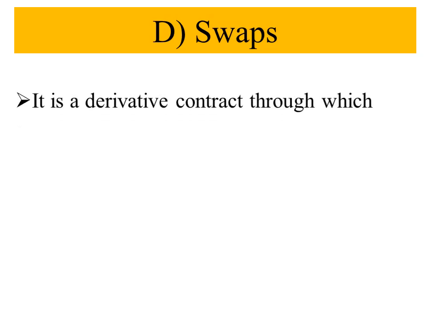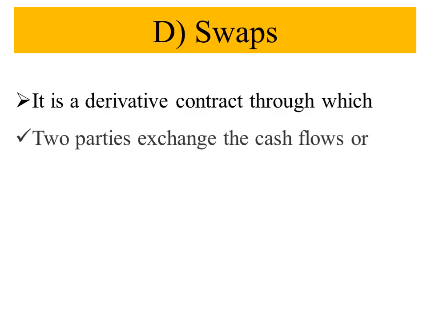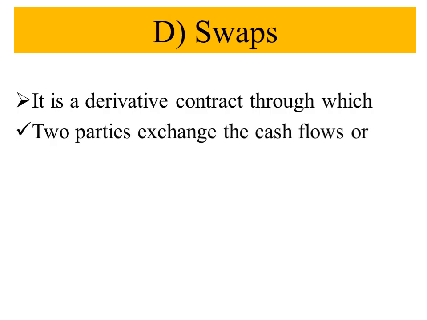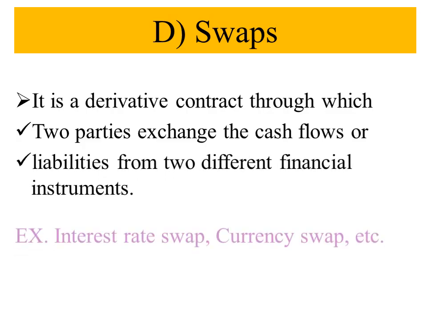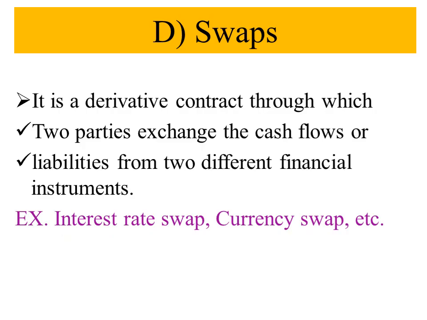The other part is swap. It is a derivative contract through which two parties exchange the cash flows or liabilities from two different financial instruments. For example, interest rate swap, currency swap. How does an interest rate swap work?